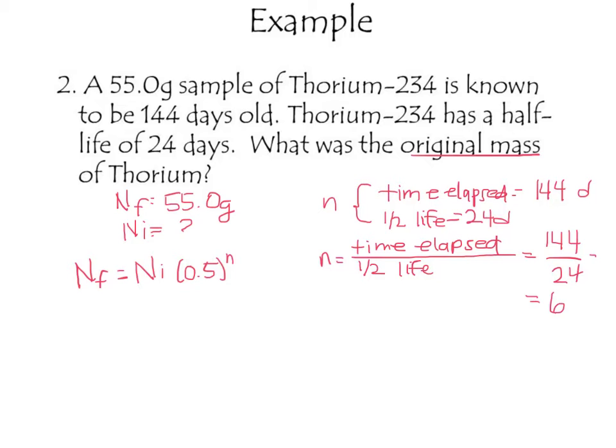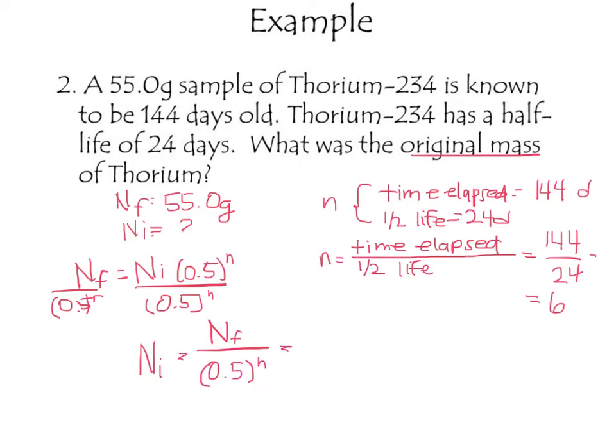Now that we know how many half-lives, we can go ahead and solve for our initial mass. In order to do so, we have to isolate it, and in order to isolate it, we divide both sides by 0.5 to the n power. So you end up with the final mass divided by 0.5 to the n power.